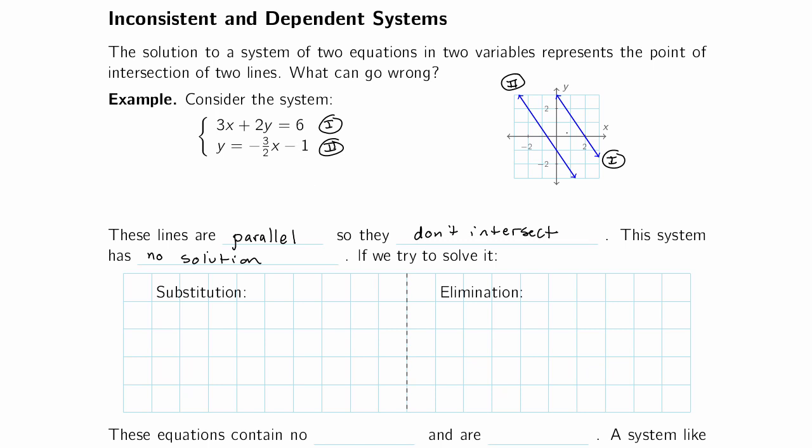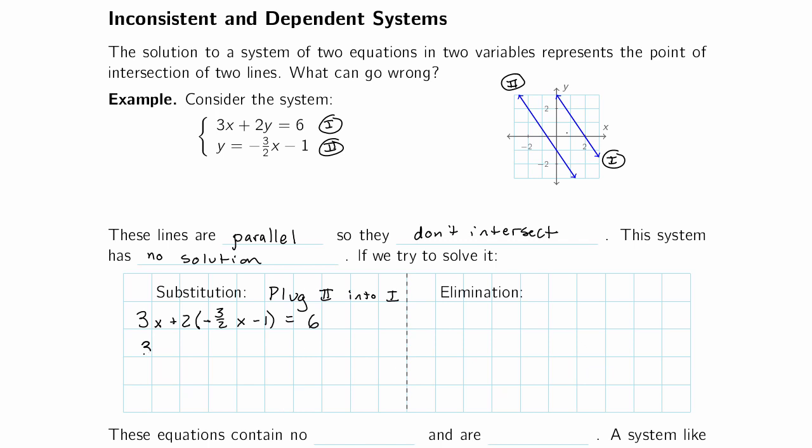This system is set up to make substitution fairly easy. One of my equations is already solved for y. So I'm going to plug 2 into 1, and I'll get 3x plus 2, y is equal to negative 3/2 x minus 1 equals 6.